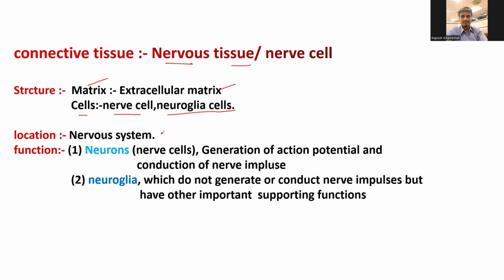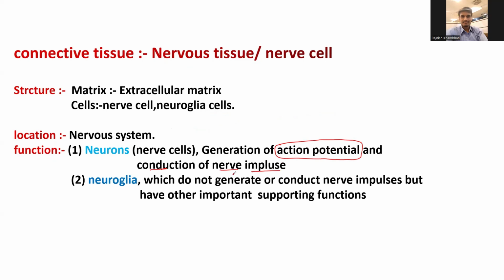Location is the nervous system in the body, like brain, for example, brain and nerves in the body. Function of the neuron cells, which are called nerve cells: nerve cells will generate the action potential. It will generate action potential and conduct the nerve impulse.